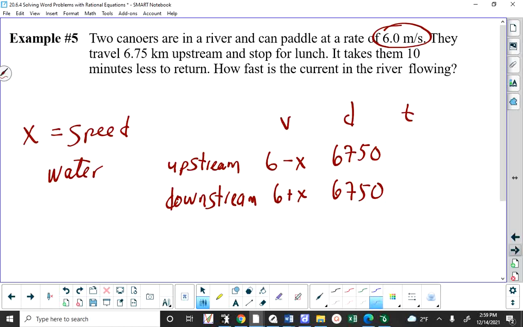Now I fill in the time, which is the distance over the speed, the distance over the speed. And then I have to take those two times and build an equation somehow. And you're told the difference between the times, right? One of them is 10 minutes less, or 10 minutes more than the other.